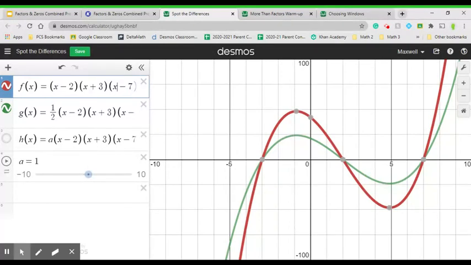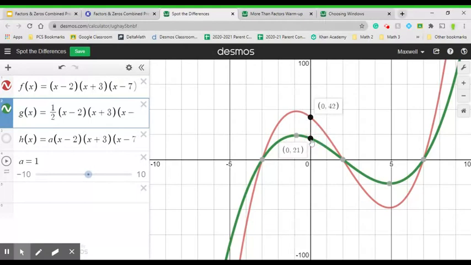They also both have 3 factors total, 3 parentheses. We can see that they have different y-intercepts, (0, 21) and (0, 42). And we can see their local maximums and local minimums at these points. Our green g of x has smaller values compared to our red f of x.